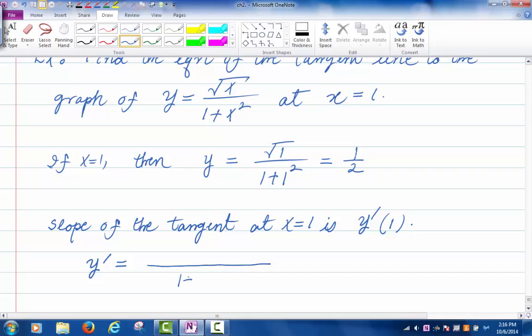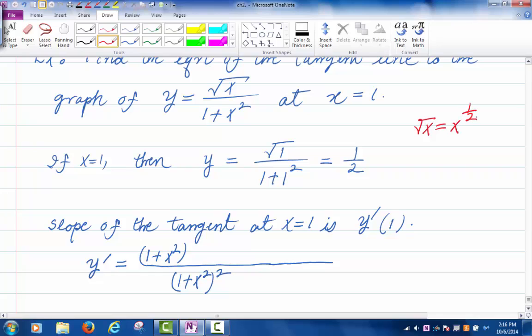So I take the denominator squared. I have the denominator multiplied by the derivative of the numerator. What's the derivative of root x? Notice that root x is the same as x to the half.